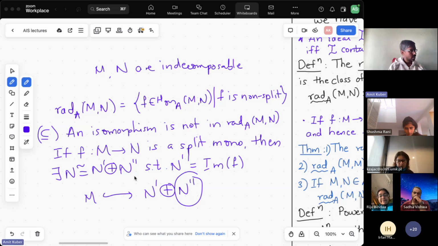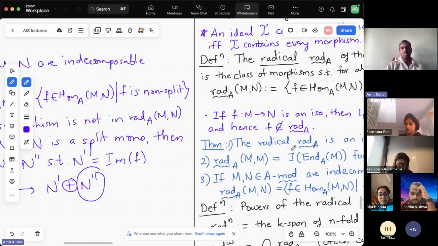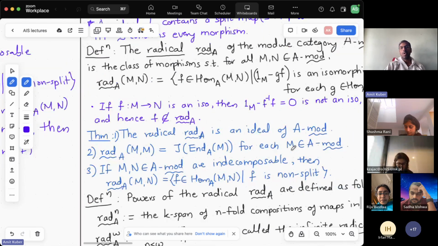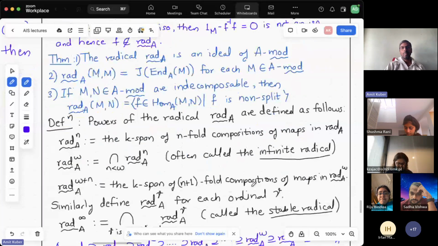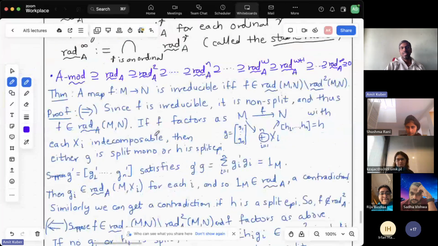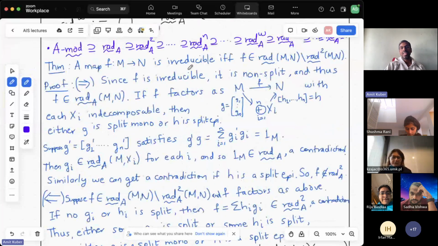Any questions? Okay, so I'll tell you what we are planning to do tomorrow. We will define powers of this radical, all ordinal index powers of the radical, and then we will prove this important result, that a map is irreducible if and only if it belongs to the radical but not its square.